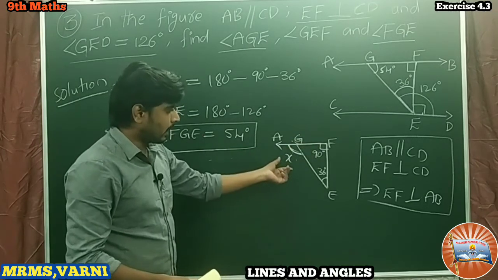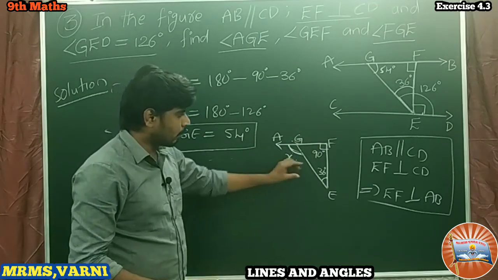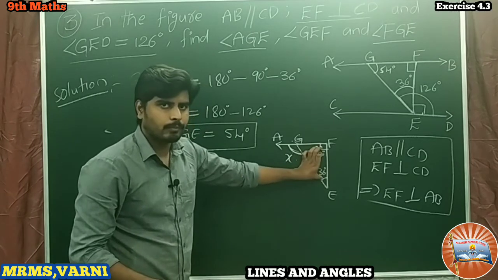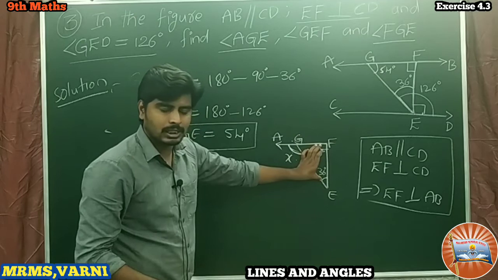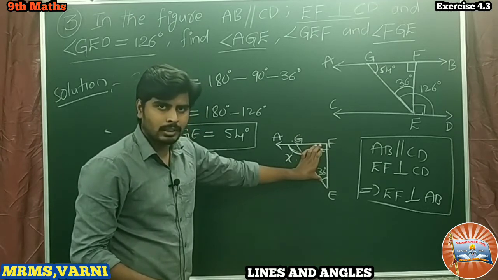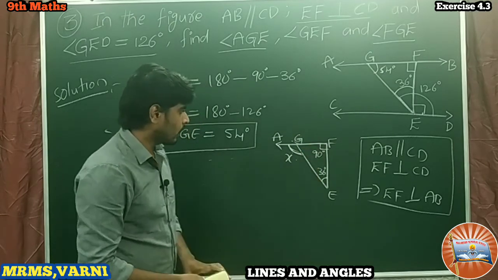What is the angle here? It is the sum of these two angles. We have the property that the exterior angle is equal to the sum of the two interior opposite angles.